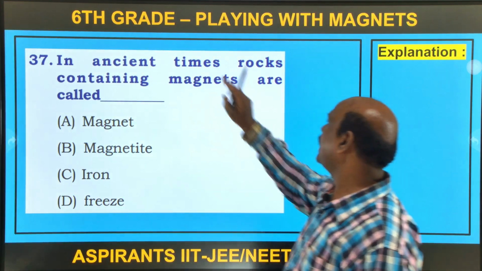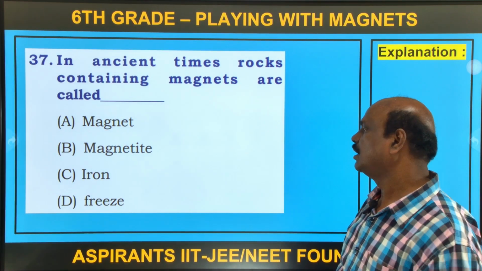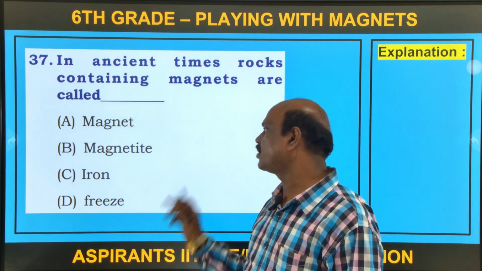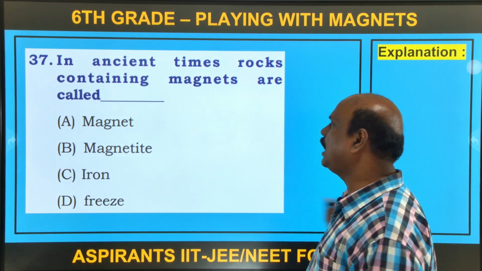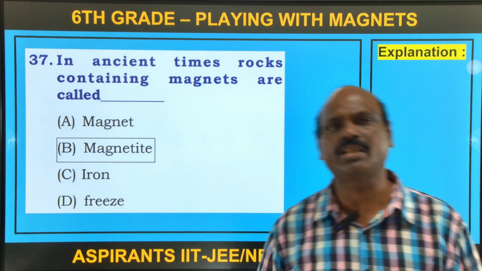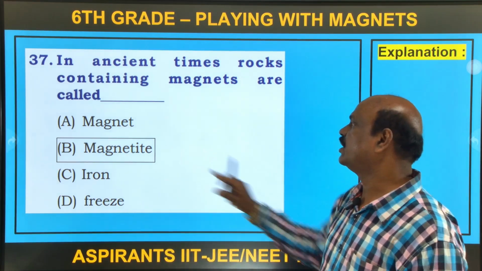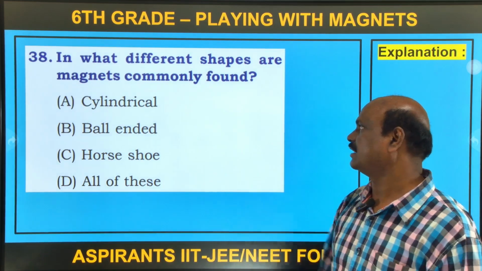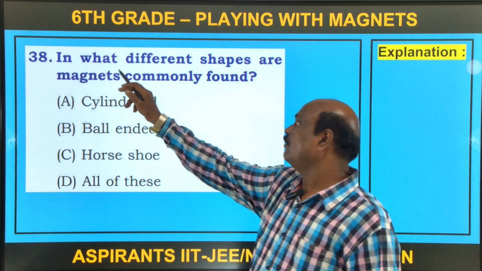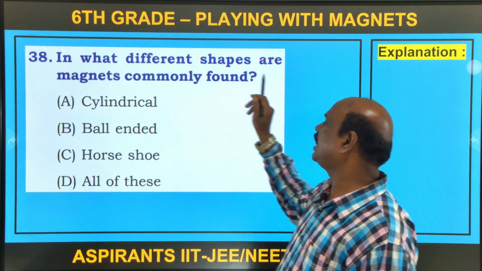In ancient times, rocks containing magnets are called, we already know, the first question of this topic we have seen, they are called magnetite, which are called natural magnets. Next, in what different shapes are magnets commonly found?